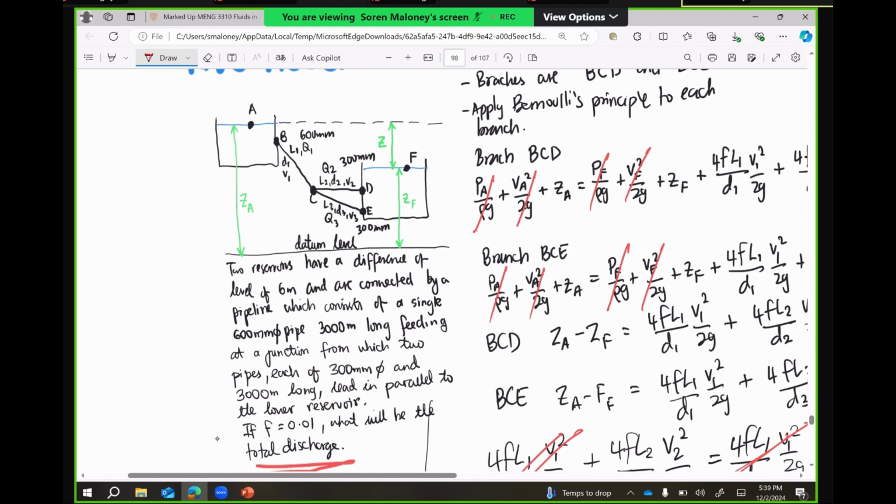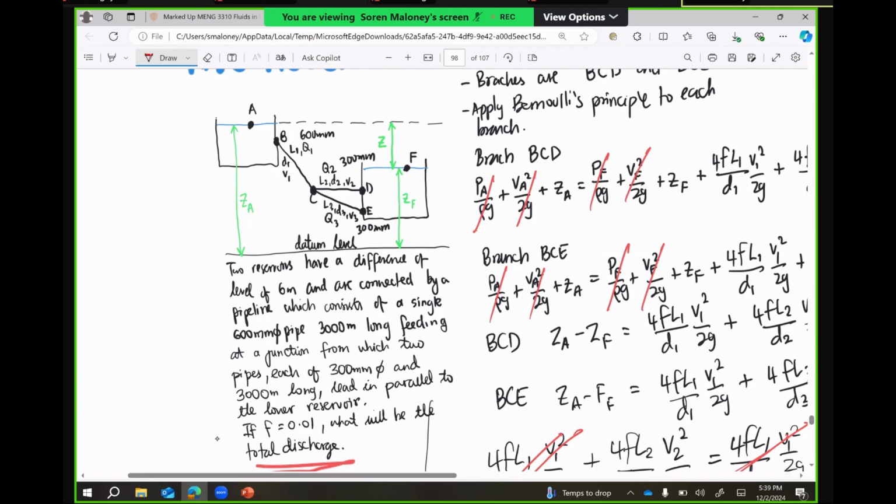So at this junction, of course, it splits, and you have two pipes that are each 300 millimeter diameter. They're also each 3,000 meters long, and now they lead in parallel to the lower reservoir.